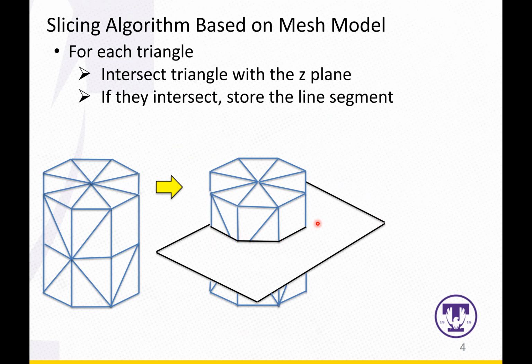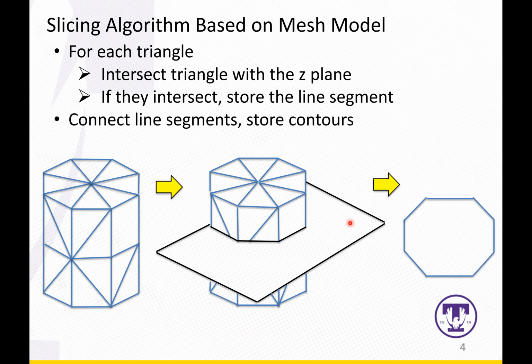That means it forms a loop, right? And we do this for a set of z-planes with different height. Then we will have the different layers, and the height will be the layer thickness. So that's the concept for a slicing algorithm performed on a triangular mesh surface. As you can see, eventually you will have a contour over here.